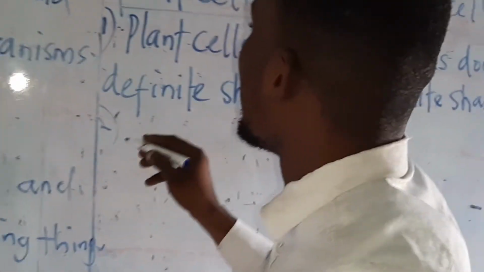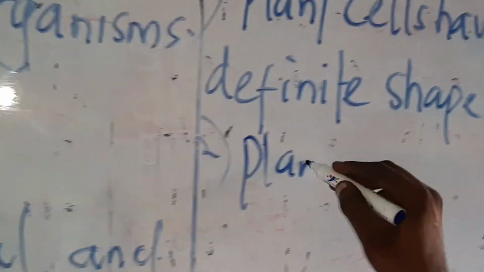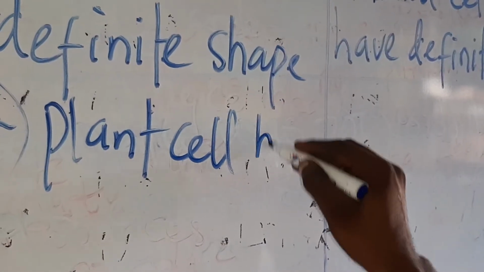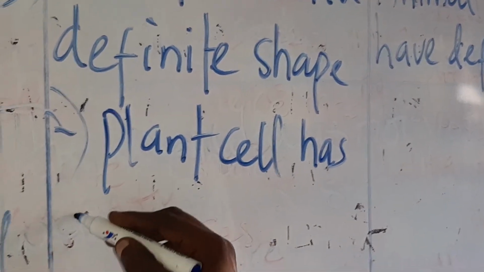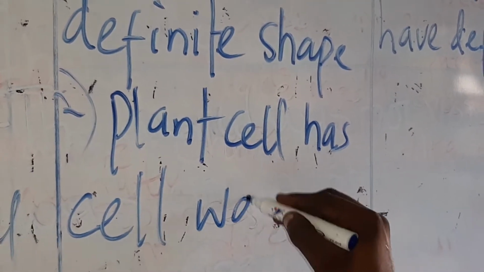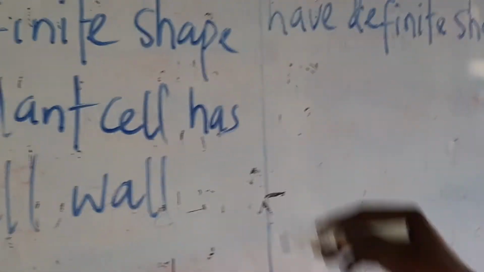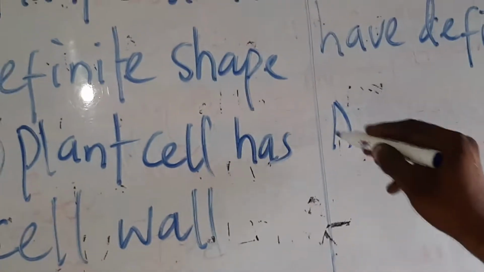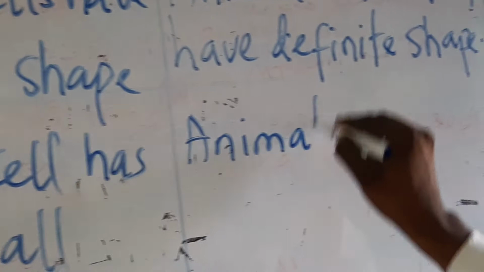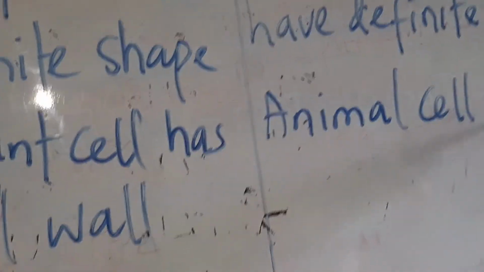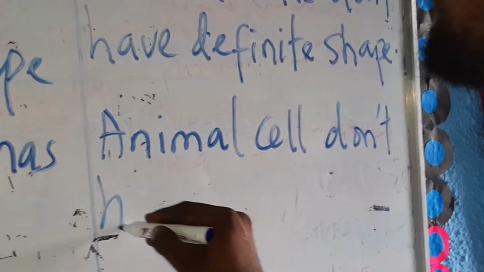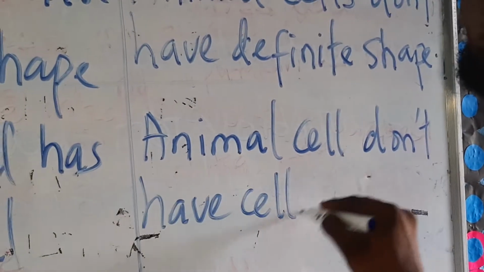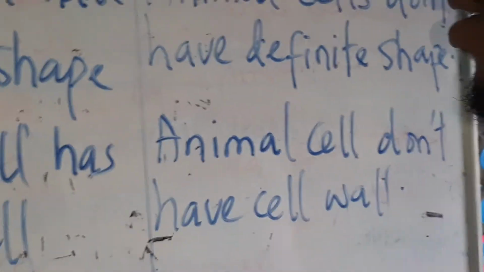So we can say plant cell has cell wall, while animal cell doesn't have cell wall. You can see here among our differences.